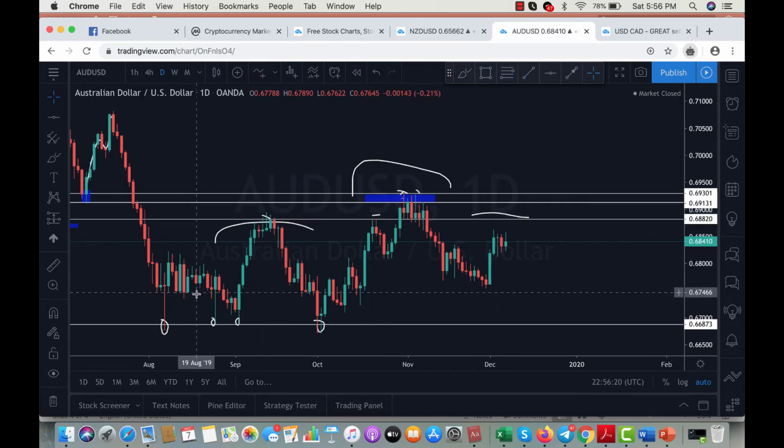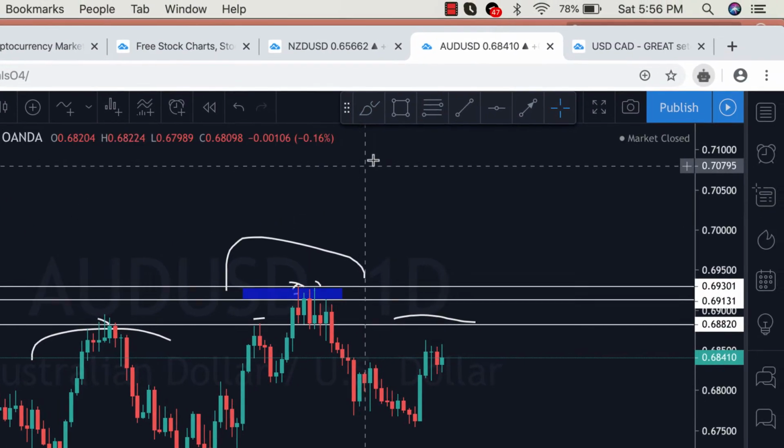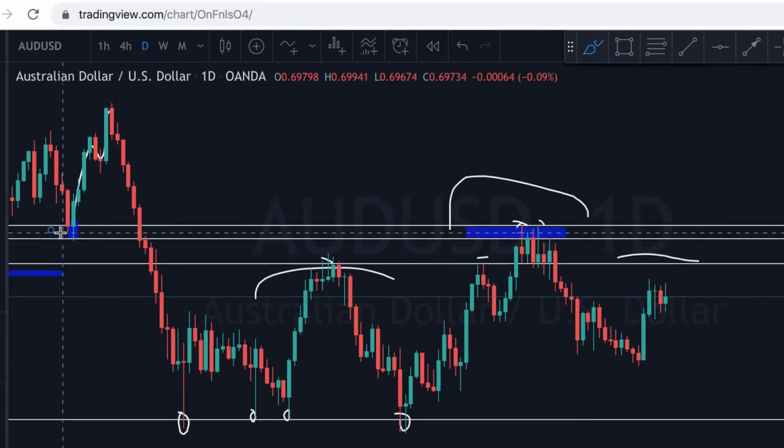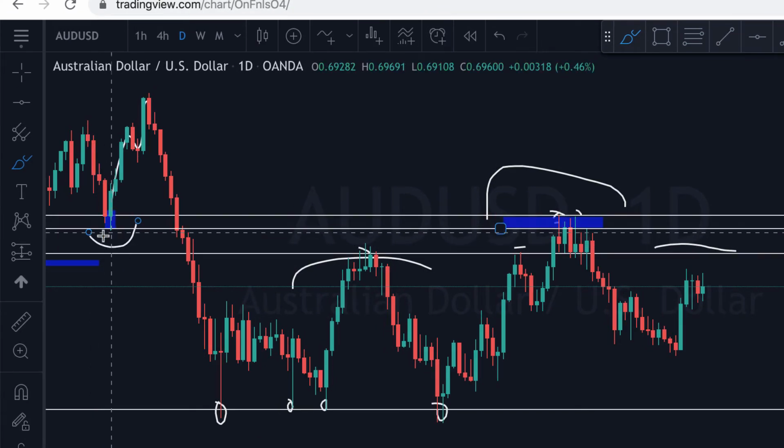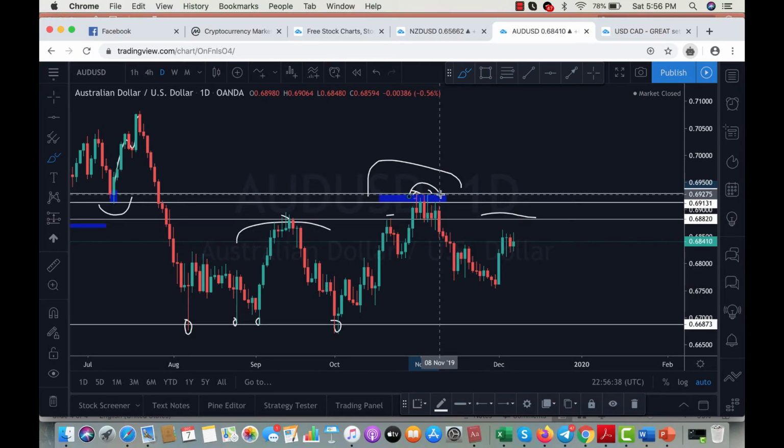Now you can see here, guys, when price tested this resistance zone there, which was once a support. Remember, this was a support at one point, right? This was a support, which turned into resistance, and that can happen. I told you that, vice versa, right?